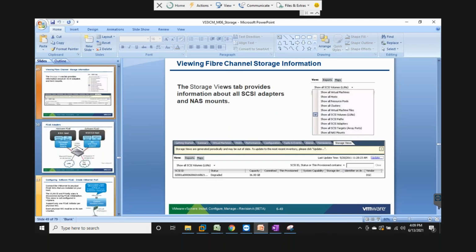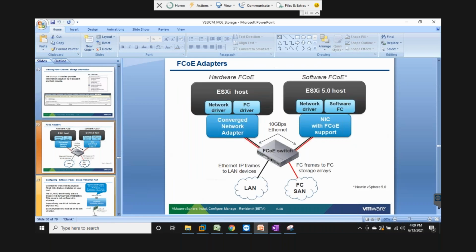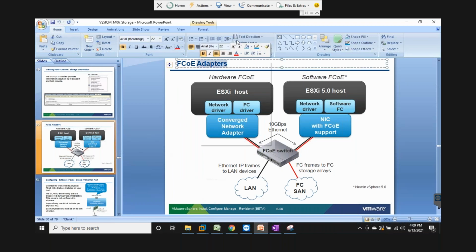So till now we have discussed direct storage, iSCSI and fiber channel, three types of devices. Now we are coming to FCoE, the fourth type of device. Basically again the same thing, you have one LAN connection for IP addressing, another is your SAN connection for the storage array, but you can connect both cables to the same switch, the FCoE switch.